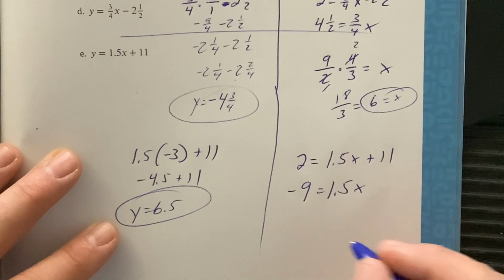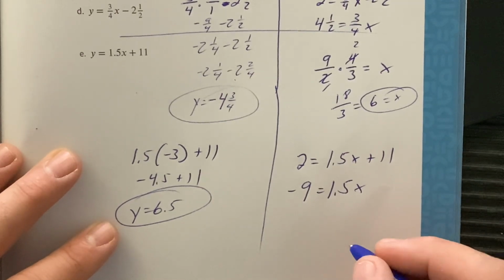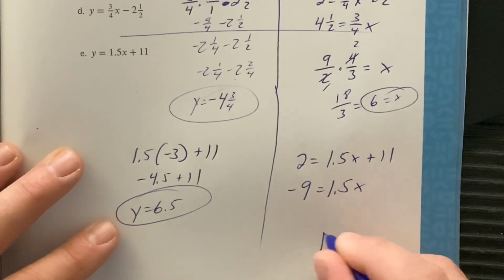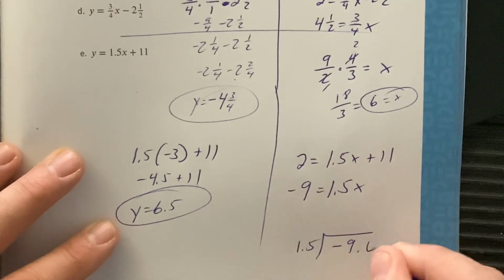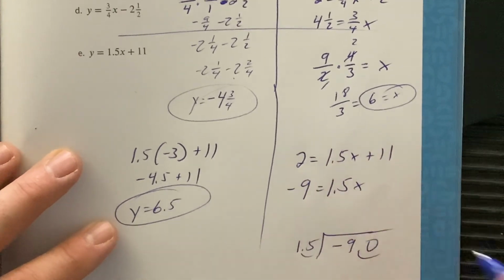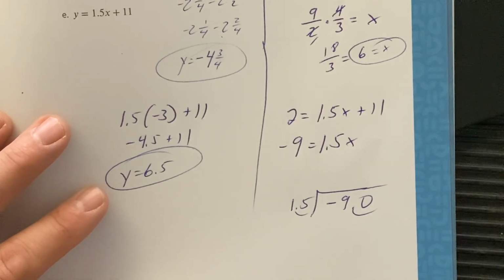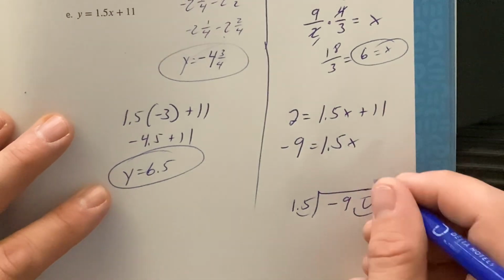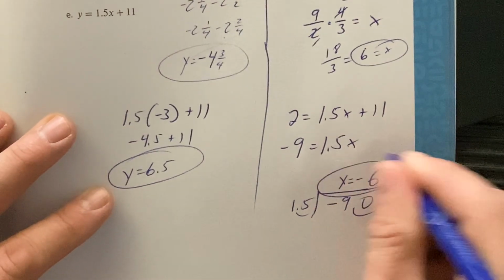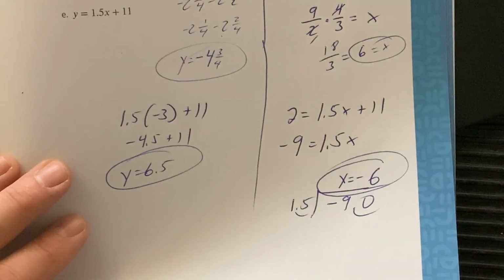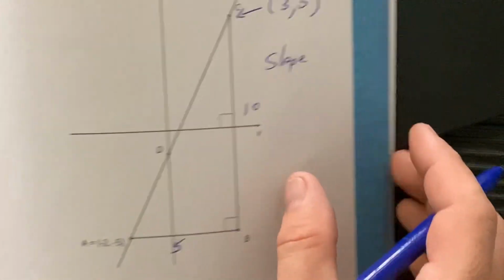And divide by 1.5. -9 divided by 1.5. That's -6. All right, next page.